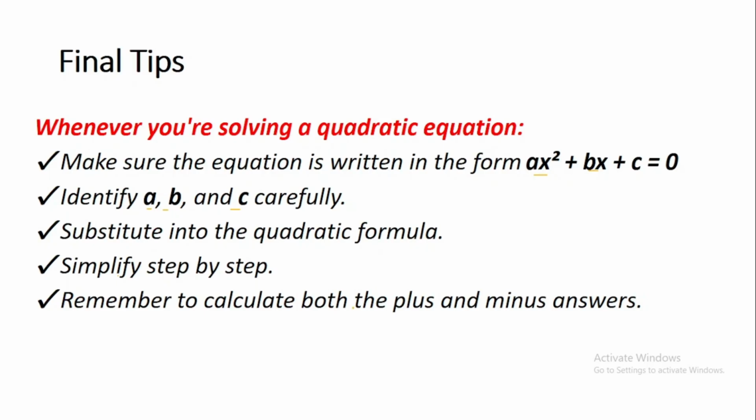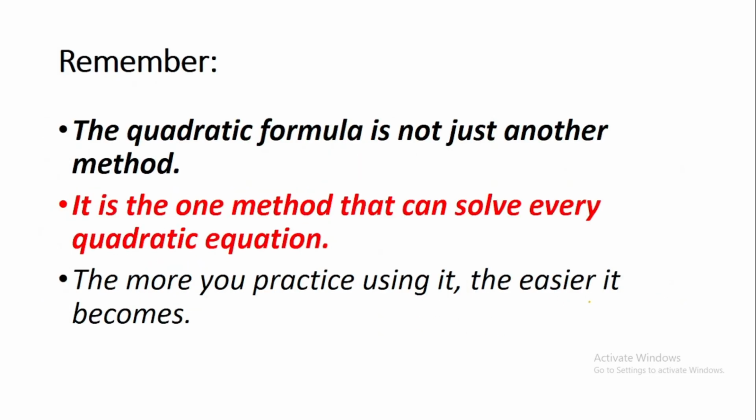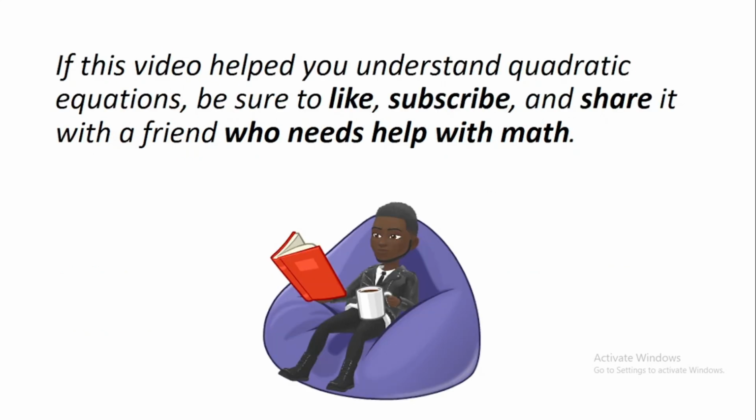Remember to calculate both the plus and the minus answers, because we have our plus or minus symbol. Please remember to calculate your plus and your minus answers. Remember, the quadratic formula is not just another method. It is one method that can solve every quadratic equation. The more you practice using it, the easier it becomes.